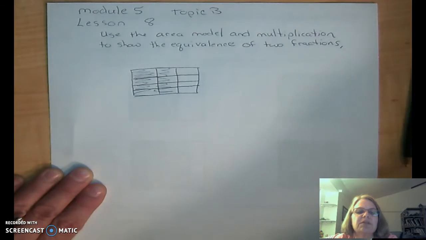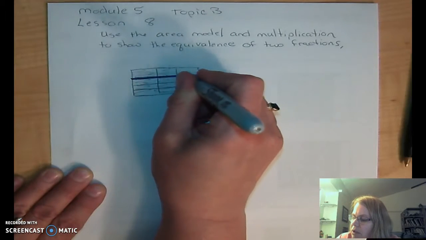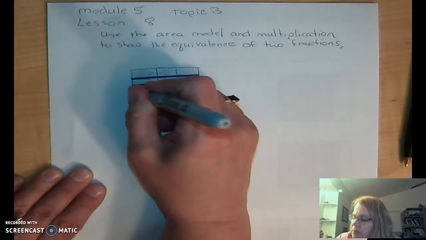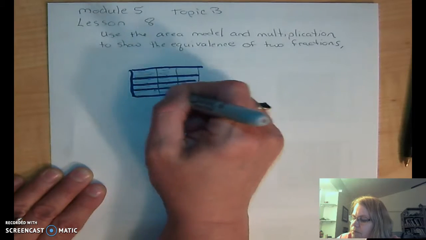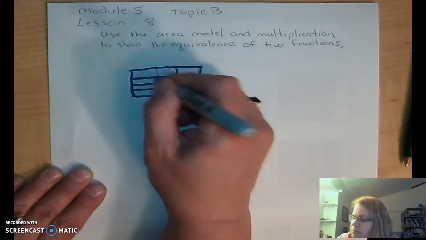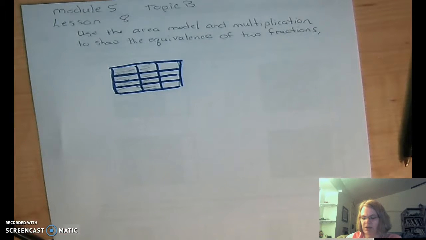I'm going to make those a little darker so you can see them. Actually, I'm going to make them in blue. Okay. Alright, so that's our area model.